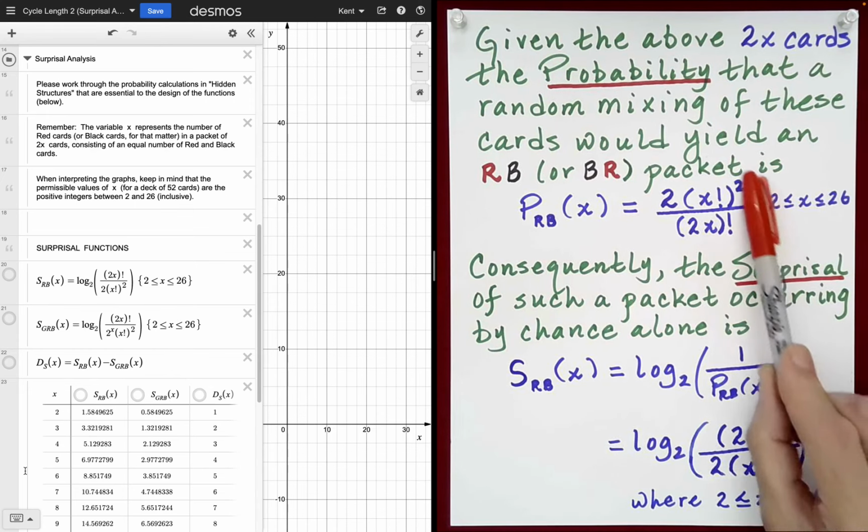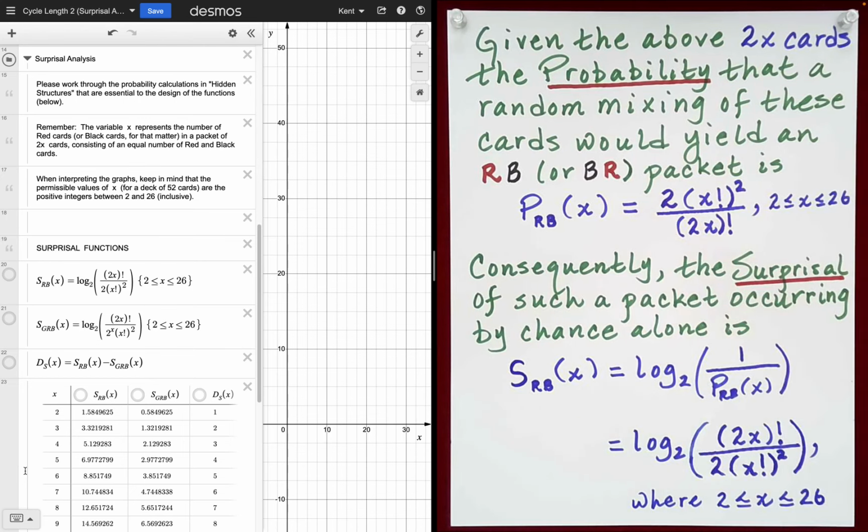So this gives the probability that just by chance alone, we would mix those cards, display them, and find that they alternate in color. Now, you should not be surprised that the probability of that occurring by chance alone is very, very small. And as we will see, that is the case. Now, you may recall in our series, once you have the probability of an event, we can calculate the surprisal for that event.